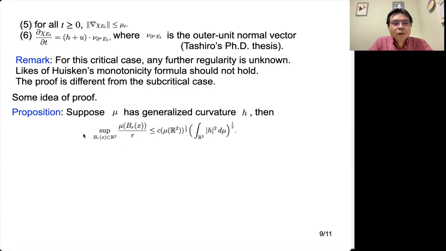Then we have this monotonicity formula. This is very special for the 1D case. That is, this density ratio can be bounded by this right-hand side, that is, the total measure raised to the power 1/2, and then the L2 norm of curvature. So this is very special for 1D.